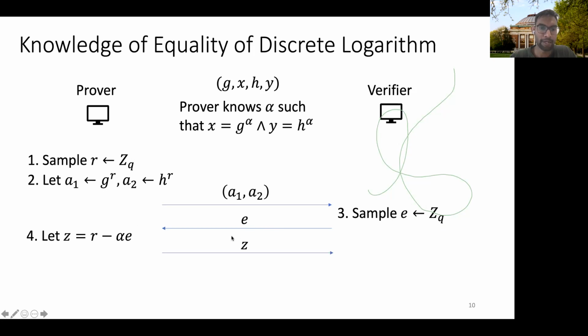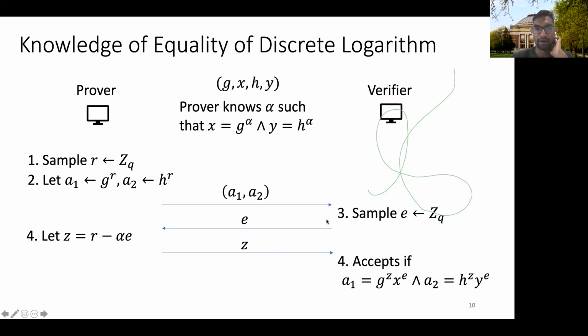The prover will compute, depending upon the challenge, a response Z, which is R minus alpha times E. Alpha is the secret here. It sends the response back to the verifier, and the verifier accepts if this equation is satisfied: A1 is G raised to the Z times X raised to the E, and A2 is H raised to the Z times Y raised to the E.